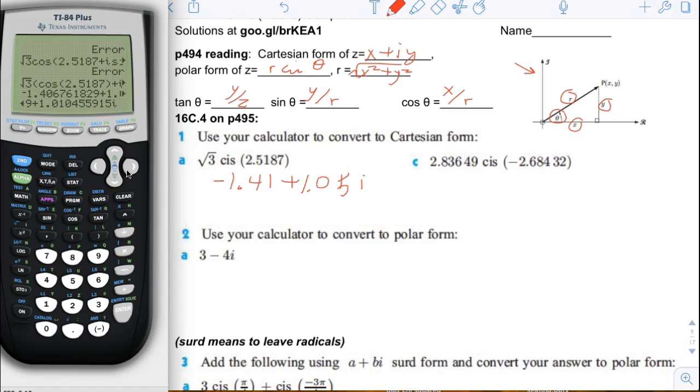Now let's look at C. So C is 2.83649 parentheses cosine of negative 2.68432 close parentheses plus i sine negative 2.68432 close parentheses, enter.